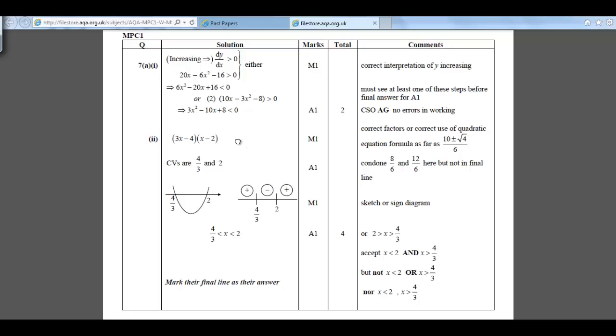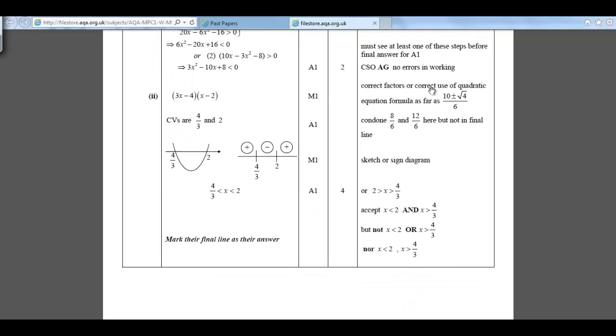With our quadratic, correct factors, or you could use the quadratic formula, getting as far as this. 1 mark for the correct factors. 2nd mark for the critical values, 4/3 and 2. We're allowed equivalent fractions, but not in the final line. They do like to see a sketch of a diagram. You get a mark for that, so make sure you do that.